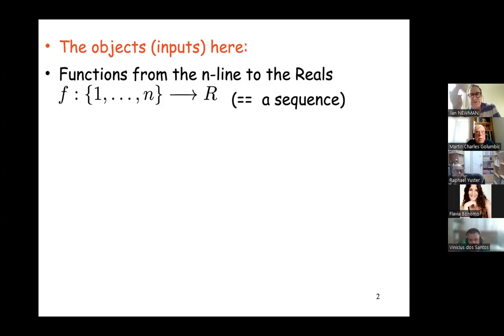So how would we do that? Of course, for non-trivial properties, you can't expect to decide exactly. So we need to relax something. And the relaxation is the following.